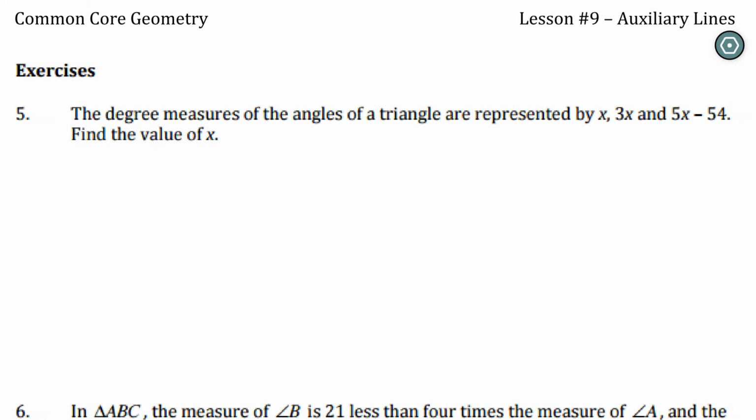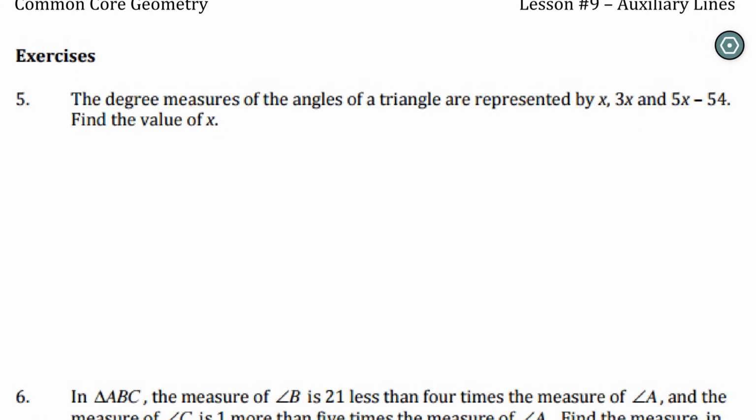So this gives us 3 angles of a triangle and asks us to find the value of x. I know each of those 3 angles has to have a sum of 180. So I know that x plus 3x plus 5x minus 54 is going to equal 180. Combined like terms, I have 9x minus 54 equals 180.